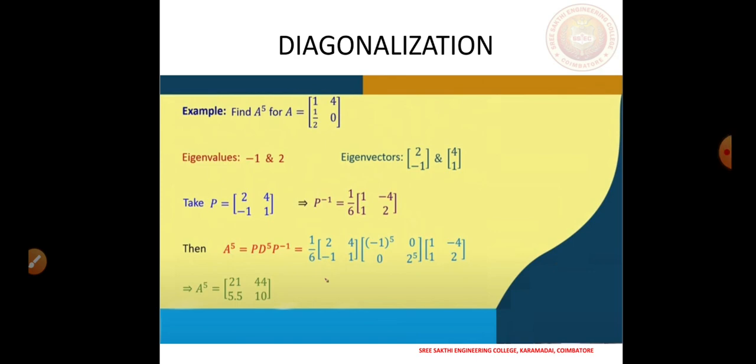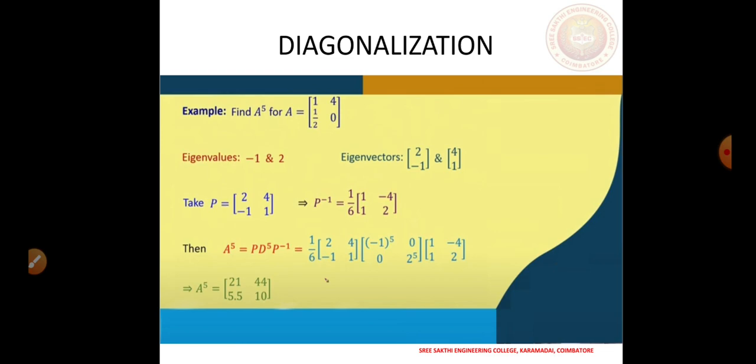Let us go through one example: find A to the power 5 for A equal to first row 1 4, second row 1/2 0. We have to compute the eigenvalues and also the eigenvectors, because we need P and also the diagonal matrix.